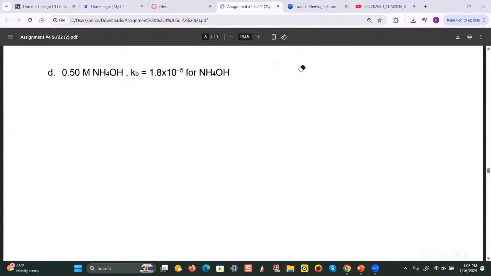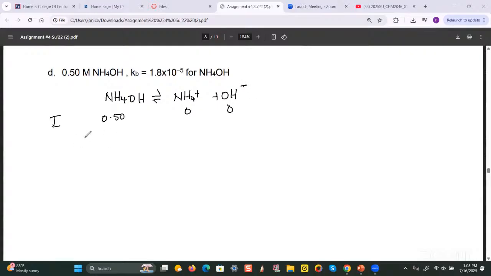So basically, this would be a partial dissociation of NH4OH, because it's a weak base, to give you NH4 plus plus OH minus. We set up a nice table.